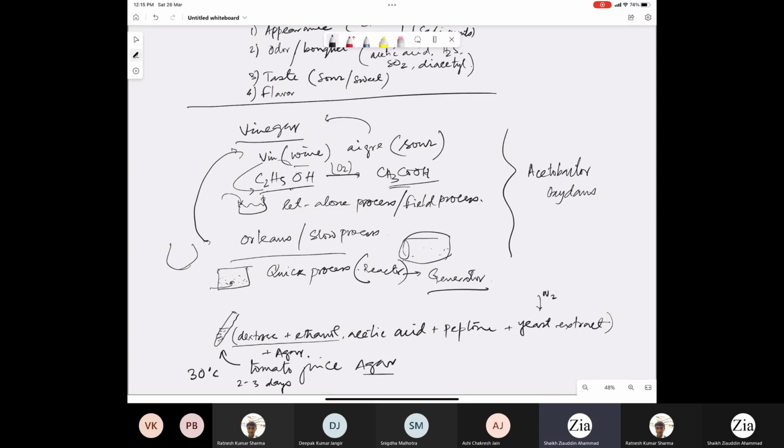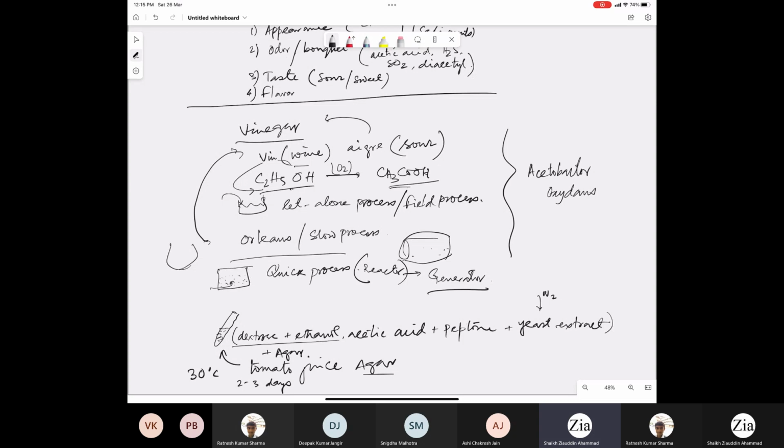Then from there you can transfer it to a shake flask, then move to a larger shake flask, and then you can have a submerged fermenter for growing this culture. You have to make sure that the subculturing is done in such a way that you maintain cell viability, because one option is to grow them and then keep them at low temperature for long-term preservation.